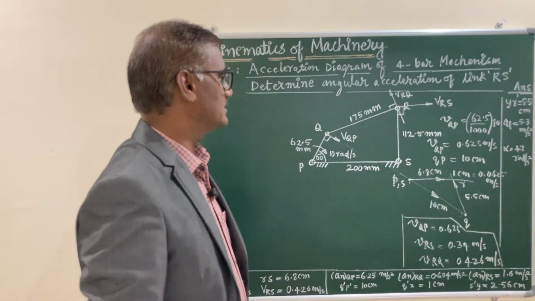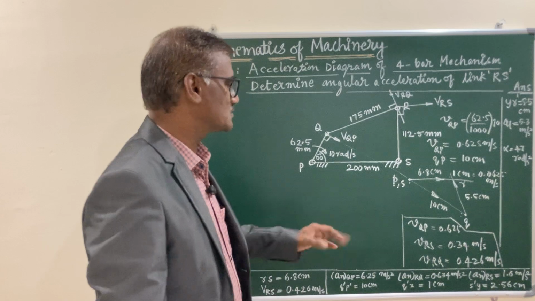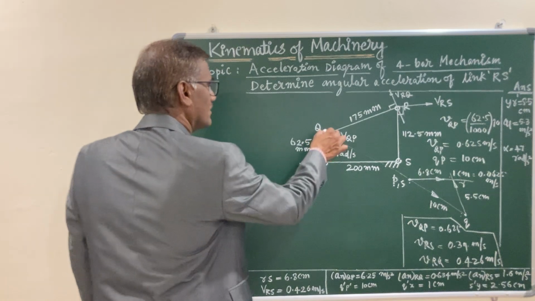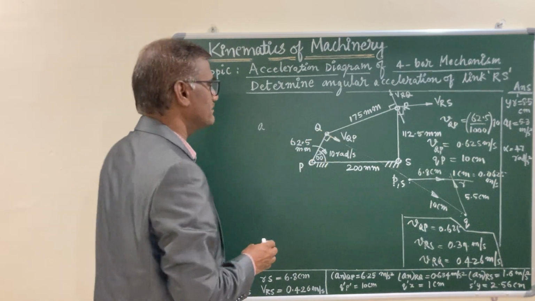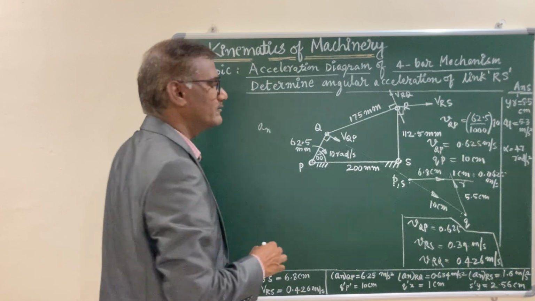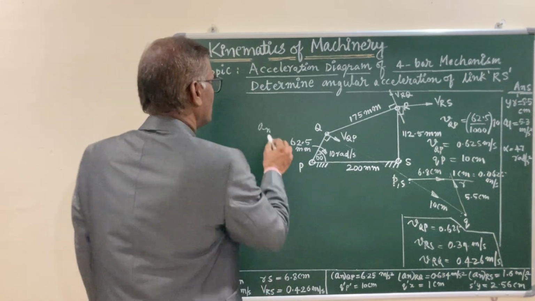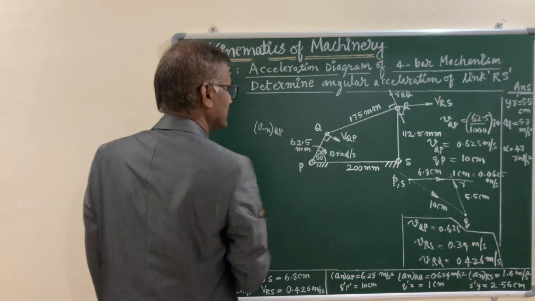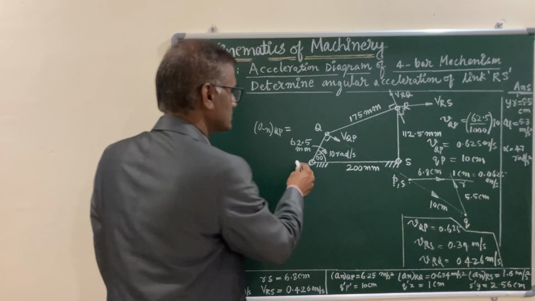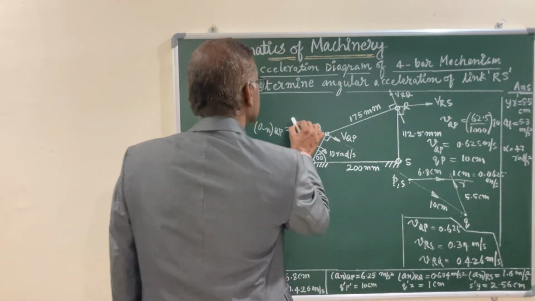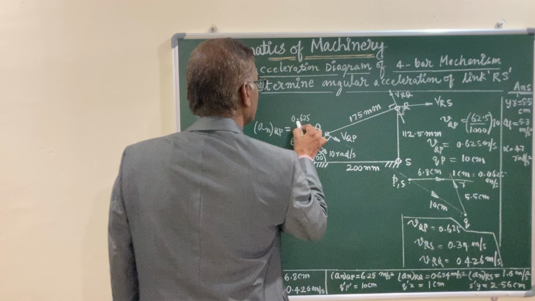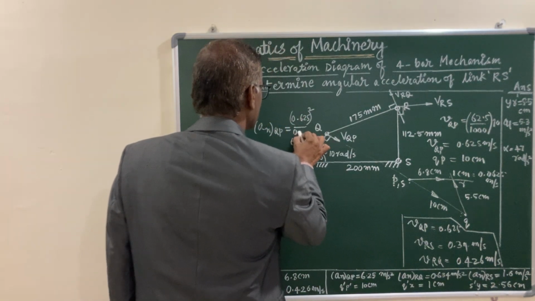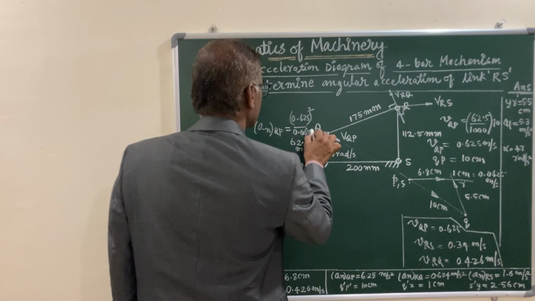After knowing the velocity of the links, let us proceed to calculate the normal component of acceleration. I am using the symbol A subscript n for normal, which is also known as the radial component, of Q with respect to P. The direction is towards P. This value is v square by r, where v is 0.625, squared, divided by r, the length of the link, that is 0.0625 meters.